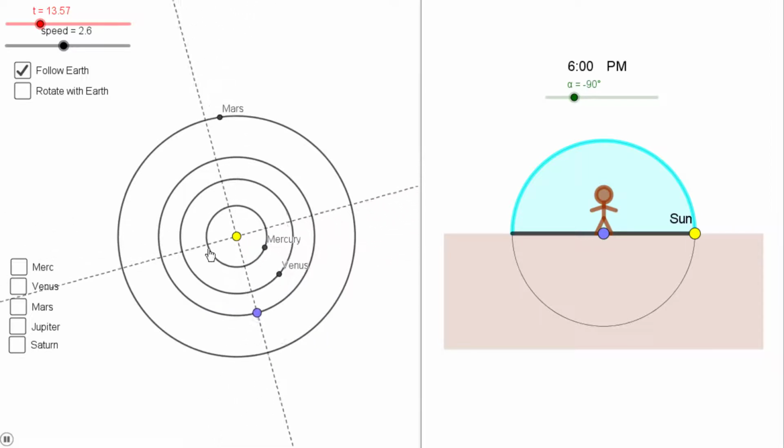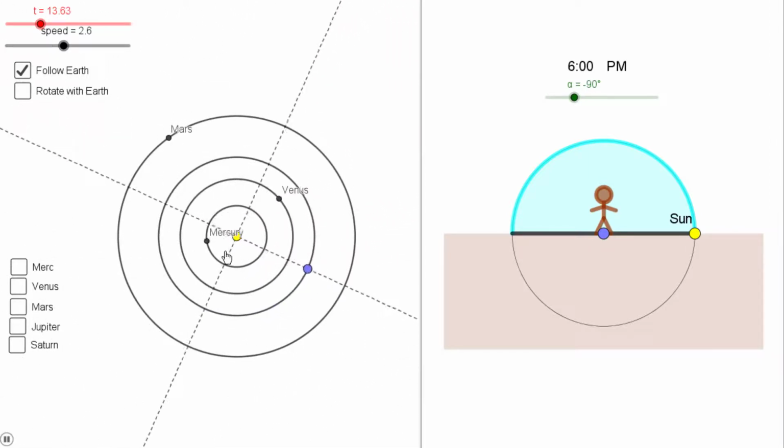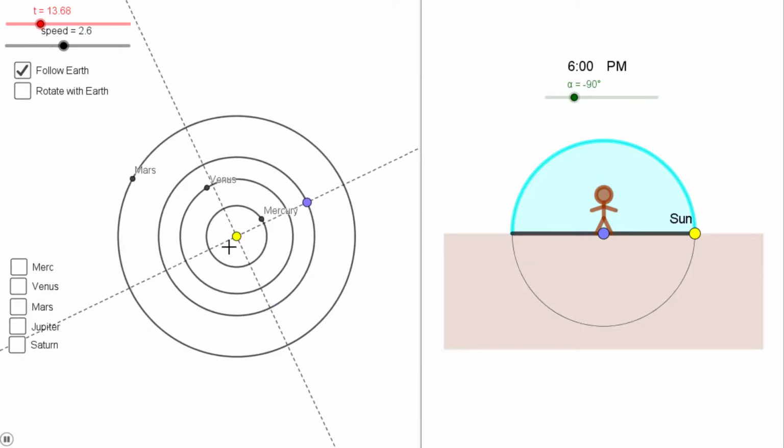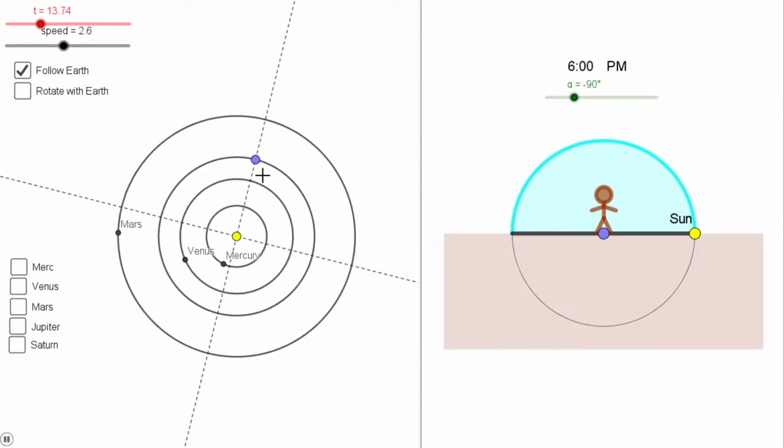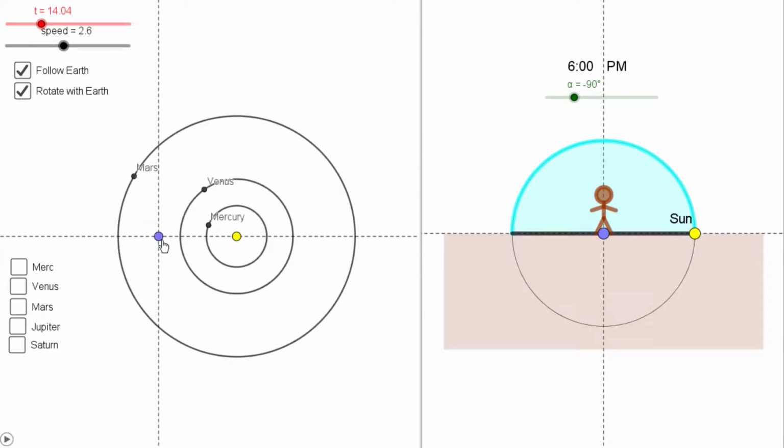Now, this can be made a little bit easier to see if we pin down not only the sun, but also the Earth. I'm going to pin the Earth at a fixed position in its orbit. So our coordinate system now is going to be rotating. The stars are going to be rotating in the background because I want to keep the Earth fixed. And so we're just basically moving with the Earth here.